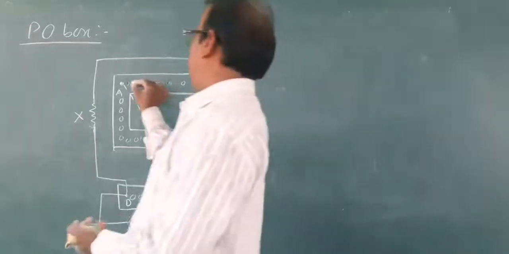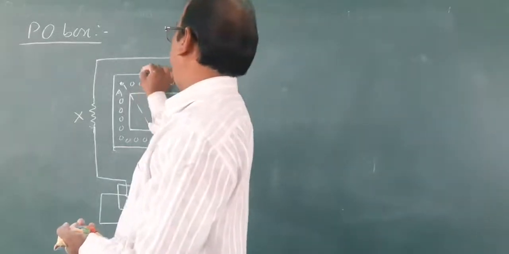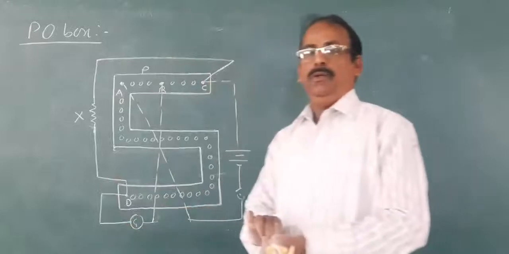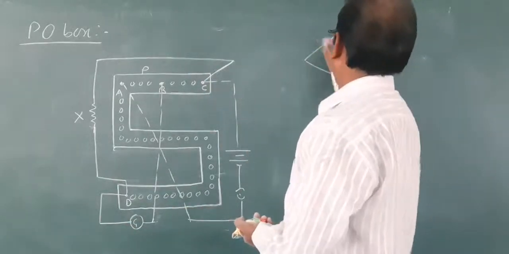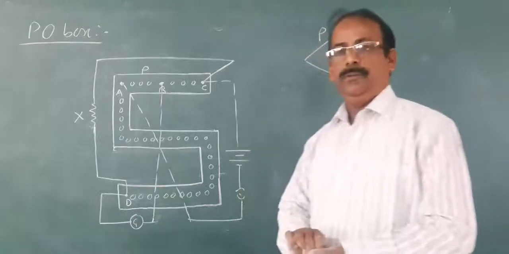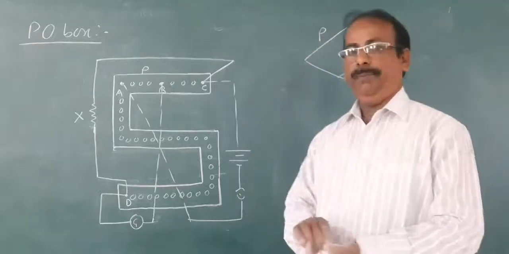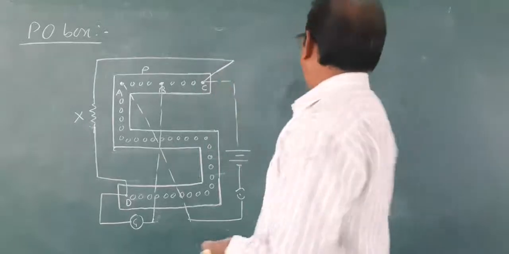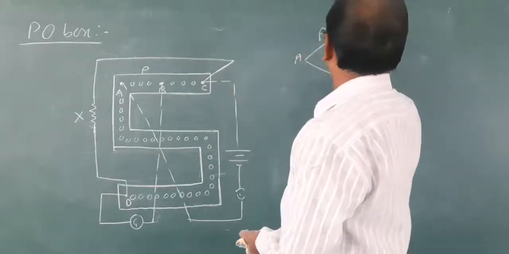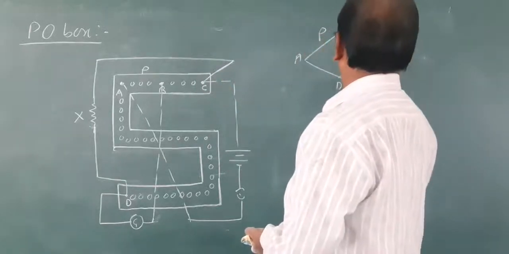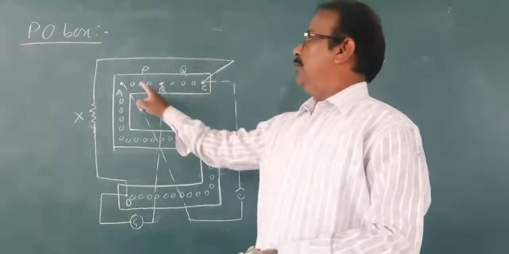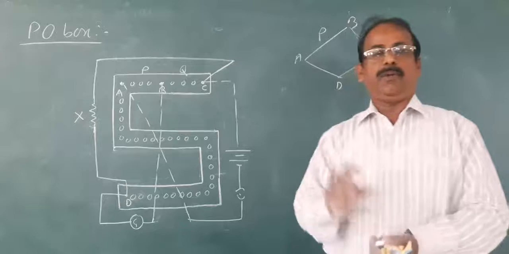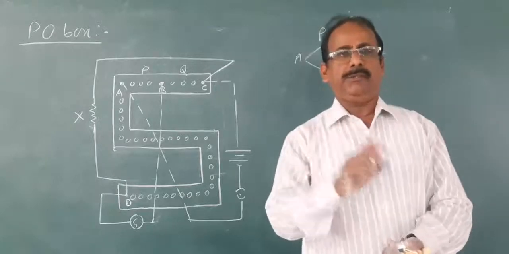Denote the resistance taken in AB arm by P. This is BC arm. Represent the resistance by Q here. Such resistances are taken from these two arms so that we get some fixed ratio.